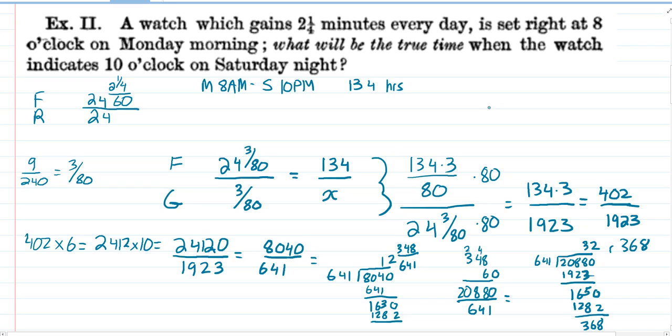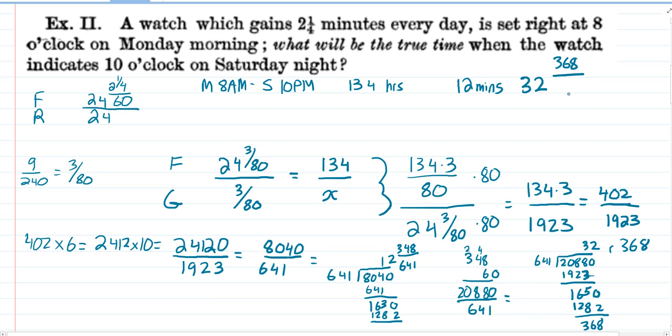The final answer is when the fast clock is showing 10 o'clock, that means the entire gain must be, let's write it all out. So I have 12 minutes right here. And then I have 32 seconds. So I have this many seconds actually, okay?